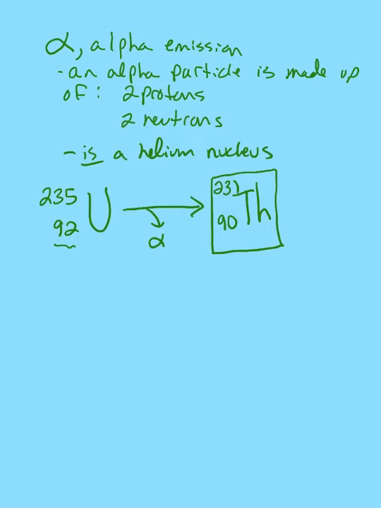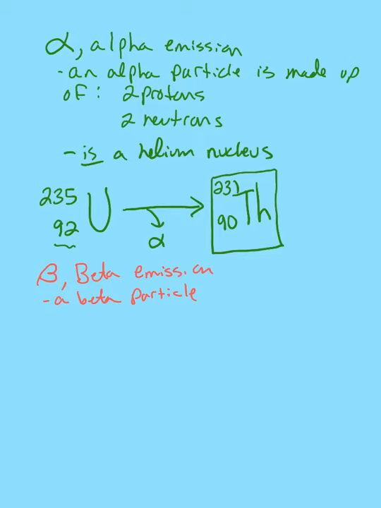Now beta, the symbol kind of looks like a swoopy B, or maybe like a butterfly wing, however you want to think of it. So this is beta emission. A beta particle is completely different from an alpha particle.